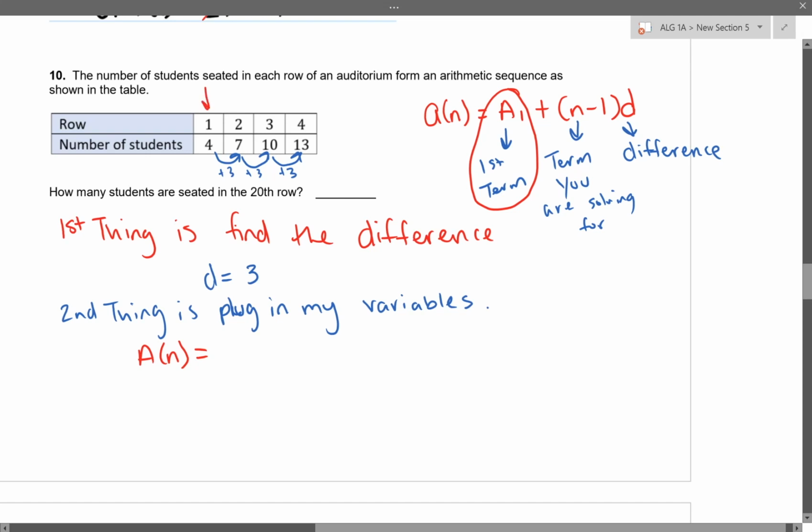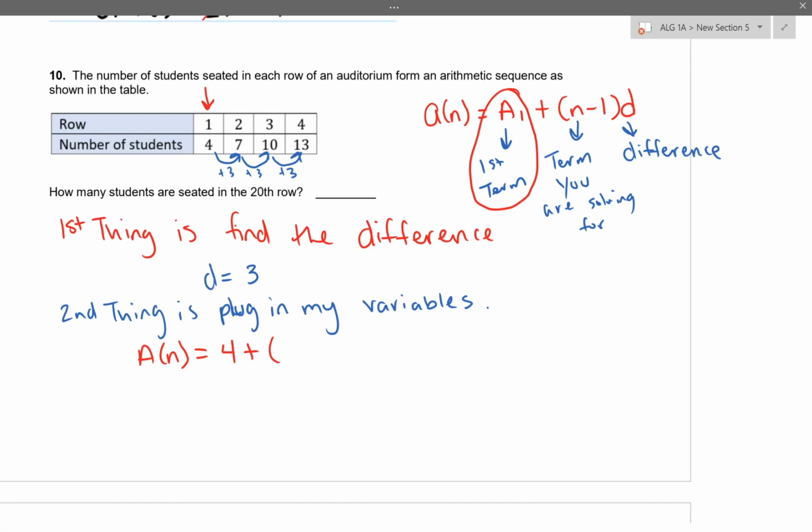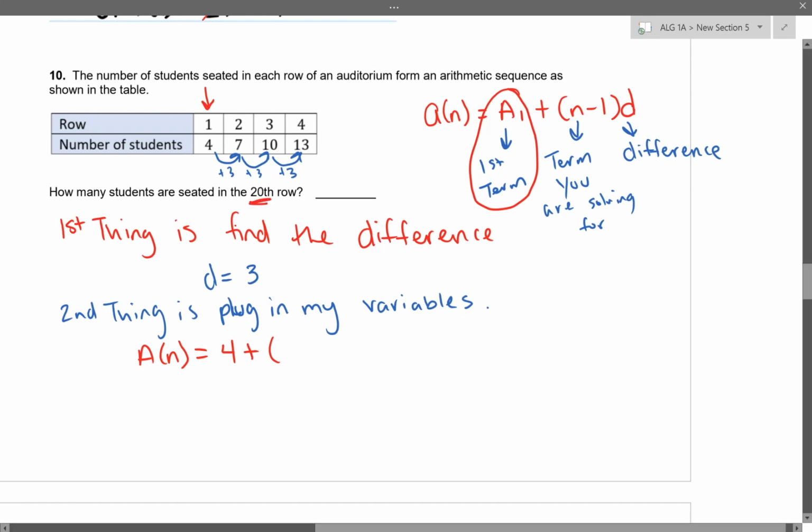Well, let's look. My first term is 4 plus n. Well, n stands for what? The term you are solving for. So the term I'm solving for is the 20th. So it's 20 minus 1 times the difference. Well, what's my difference? My difference is 3.